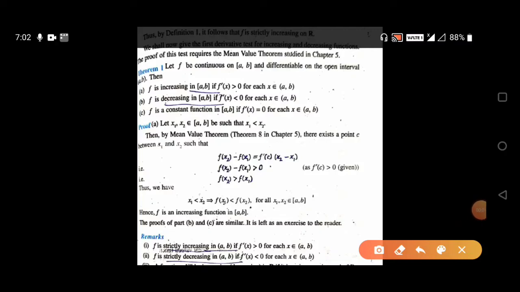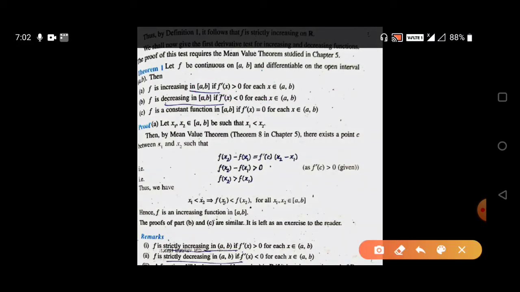Theorem 1 is given: let f be continuous on the closed interval AB and differentiable on the open interval AB. Remember this one. Then f is increasing in the closed interval AB if f dash x is greater than 0 for each x belonging to the open interval AB. This is theorem 1.